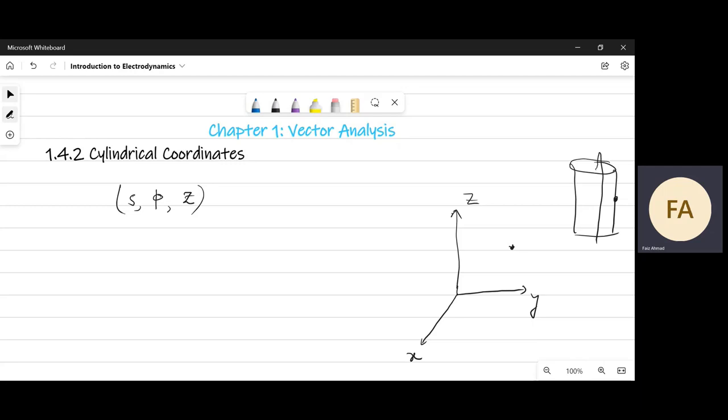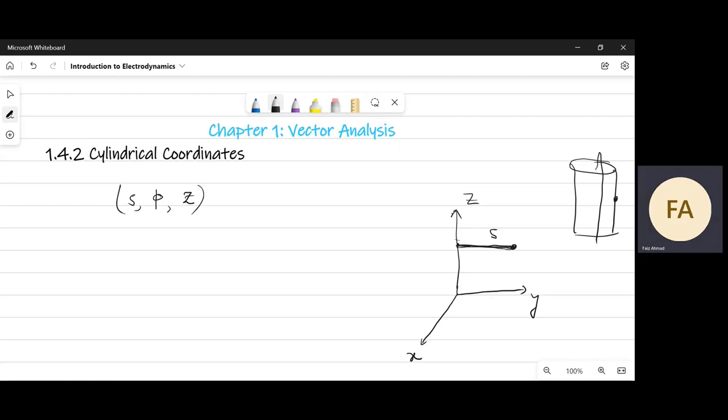Now s. In some books it is defined in terms of rho, but in this book, Griffiths uses s to avoid confusion with rho, since he is using rho for charge density. So here we are using s.